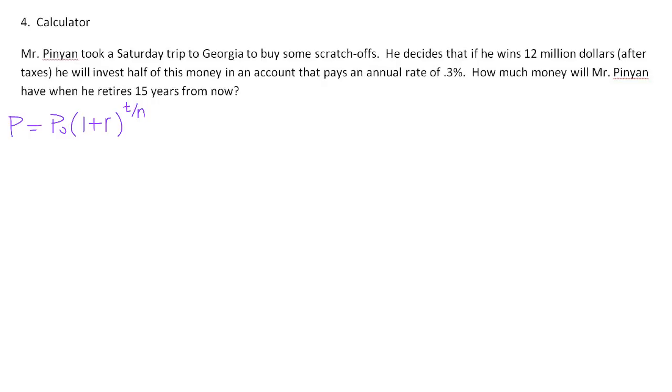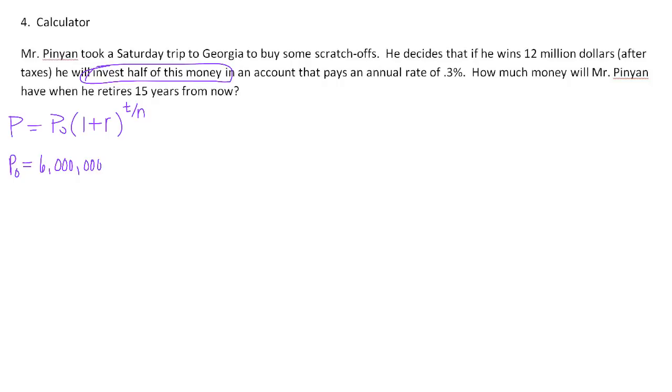So he's going to win $12 million after taxes, and he will invest half of his money. We need to make sure we know half of 12 million would be 6 million. So if he invests 6 million, we know that our initial population for this is going to be 6 million. That means we need 6 zeros.